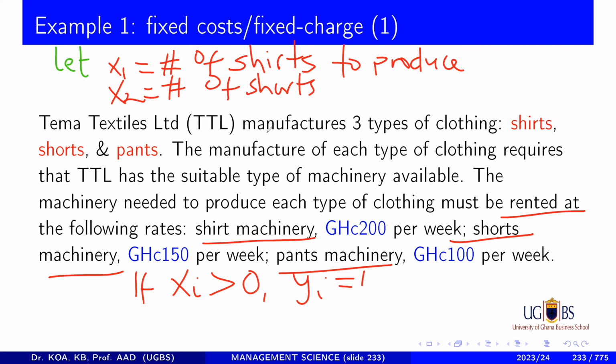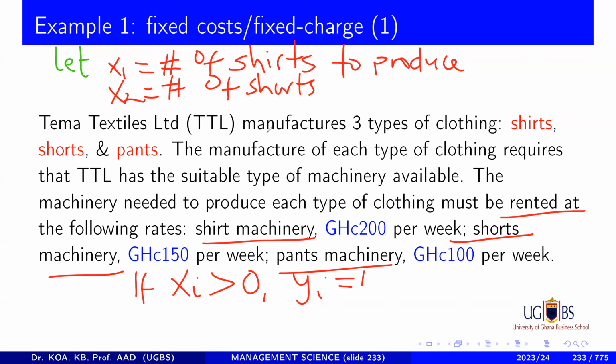I only need a pant machinery if I'm going to produce pants. It is contingent, dependent on the X variables. And because it is dependent on the X variables, it becomes a binary, because it being there or not being there depends on whether or not X1 has been produced.